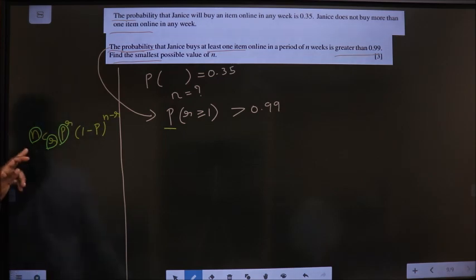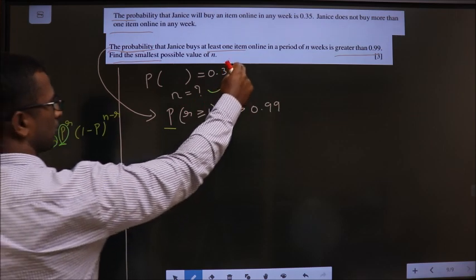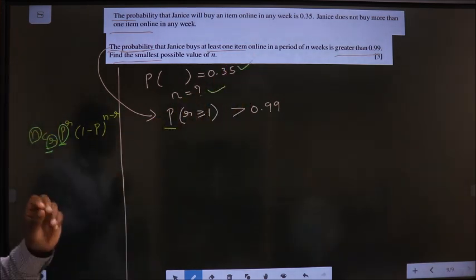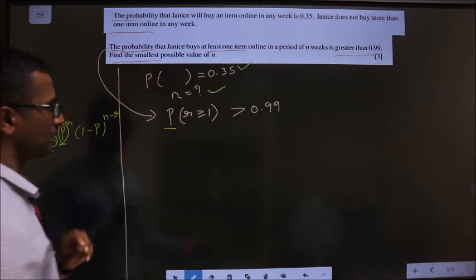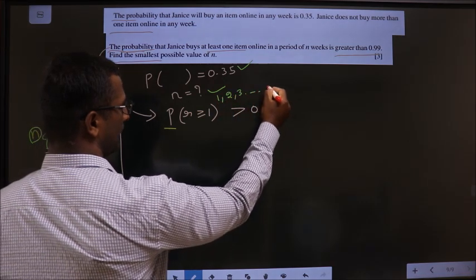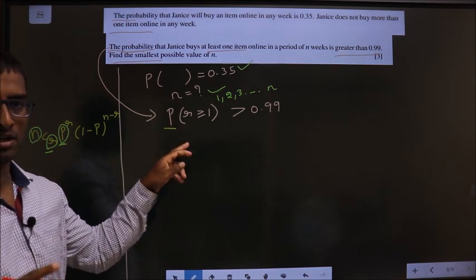Now n we need to find out. P will be this one. And now let us decide the values for r. Here r is greater than or equal to 1. So r values will be 1, 2, 3 till n. So I get many values for r.